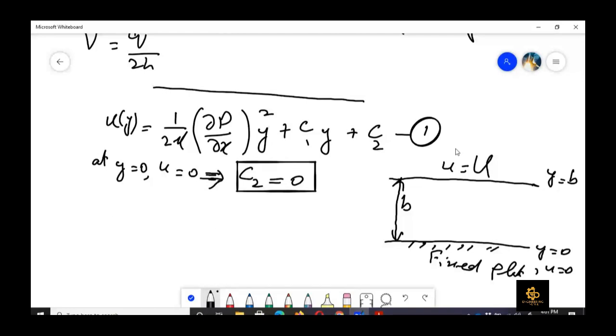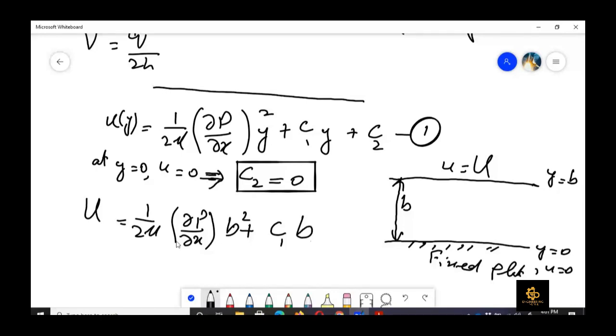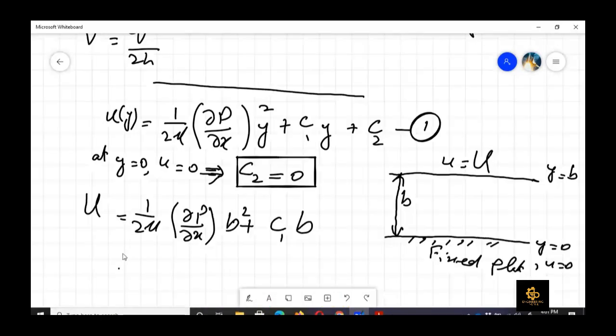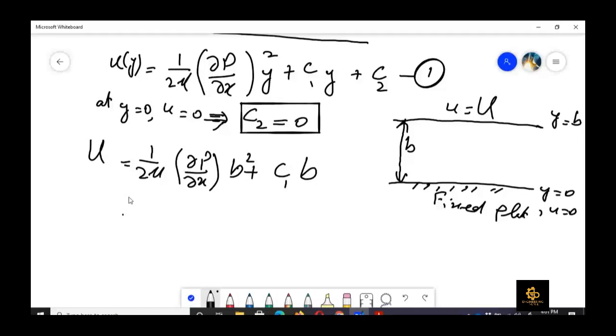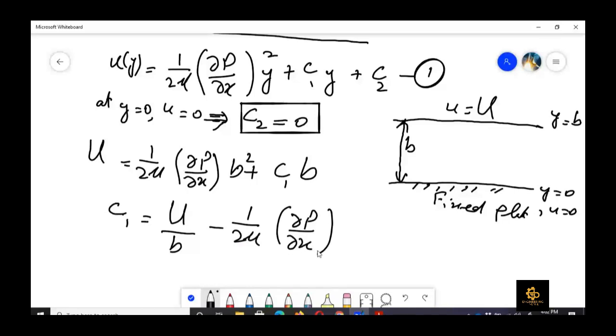Now the next boundary condition: when y is equal to b, u is equal to capital U. So we can write capital U is equal to 1 upon 2 mu partial p by partial x into b square plus c1 b. From here, c1 would be equal to U upon b minus 1 upon 2 mu partial p by partial x into b.